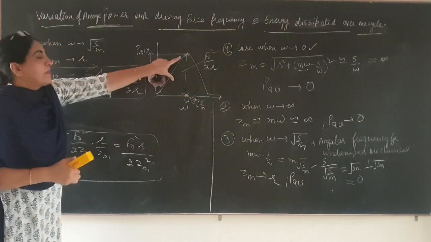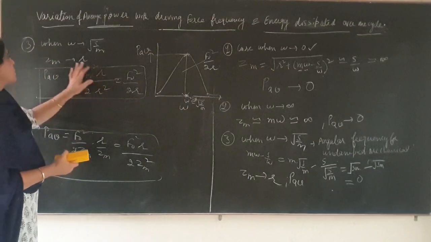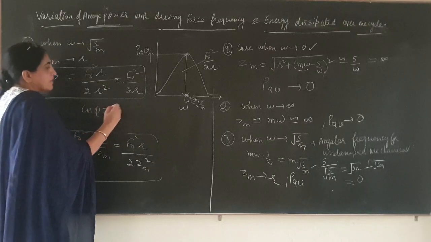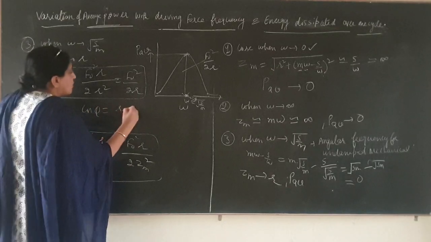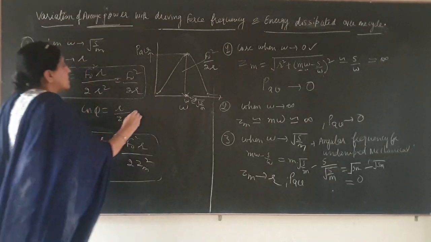And when is the power maximum? When Zm approaches R, because we know cos phi is equal to R over Zm, and when Zm equals R, this is equal to 1.